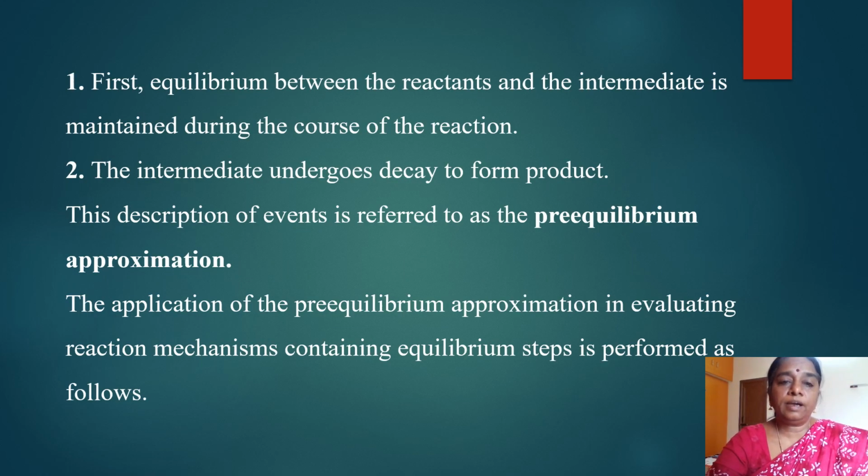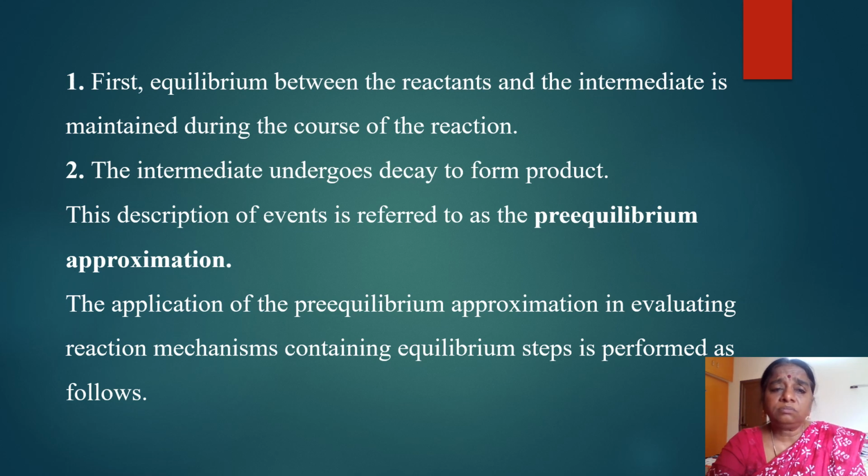In the first step, equilibrium between the reactants and the intermediate is maintained during the course of the reaction. That means A and B react to give the intermediate, and that establishes a reaction with an equilibrium mechanism. In the second step, the intermediate undergoes decay to form product.